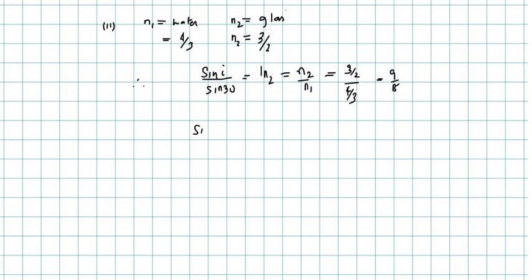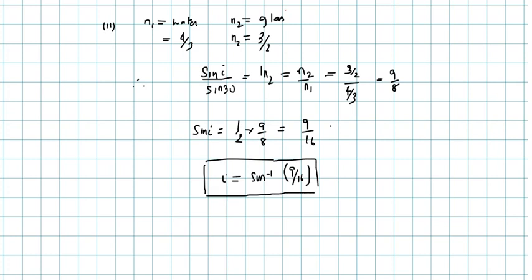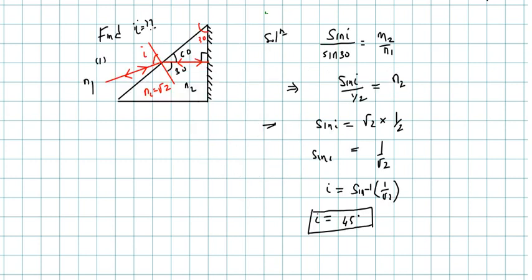So sin I is equal to, sin 30 is 1 by 2, so 1 by 2 into 9 by 8, that gives me 9 by 16. So I would be equal to sin inverse 9 by 16. So this should be the angle. Clear? So you have to be careful whether it's relative or absolute refractive index. You have to use it when necessary.